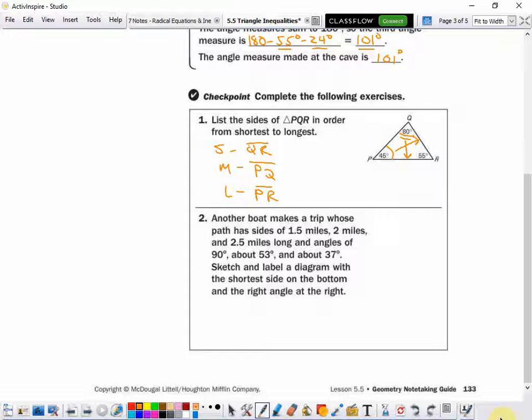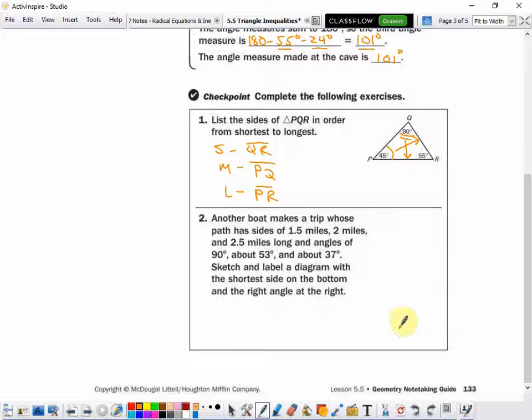Another boat makes a trip, and the paths of that trip are 1.5 miles, 2 miles, and 2.5 miles long. Angles are 90, about 53, and about 37. Sketch and label a diagram with the shortest side on the bottom, the right angle at the right.